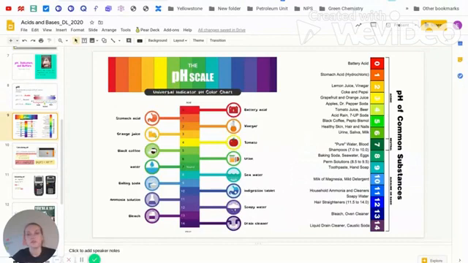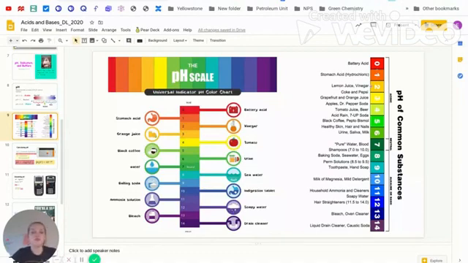This shows the pH scale with some different colors and then some examples. It goes from 0 to 14, battery acid being at a 0. Stomach acid, which is hydrochloric acid, has a pH of 1, the same as the hydrochloric acid we would use in the classroom.